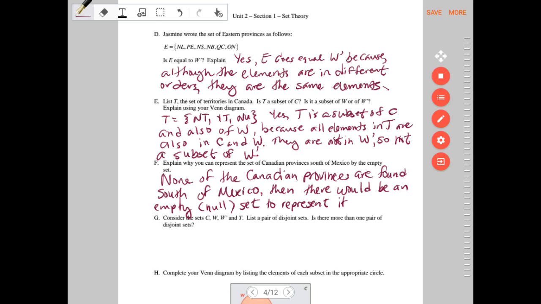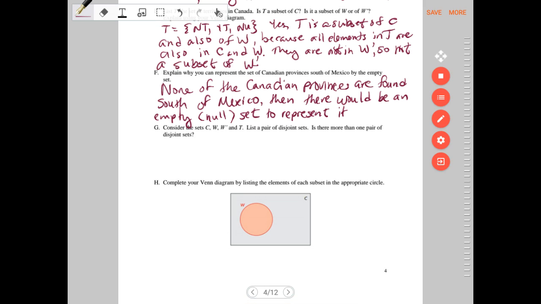Part G. Consider the sets C, W, W prime, and T. List a pair of disjoint sets. Is there more than one pair of disjoint sets? Remember that disjoint sets don't contain elements that are the same. So we know that all of the elements in W and the elements in W prime are disjoint because W's elements are not found in W prime.